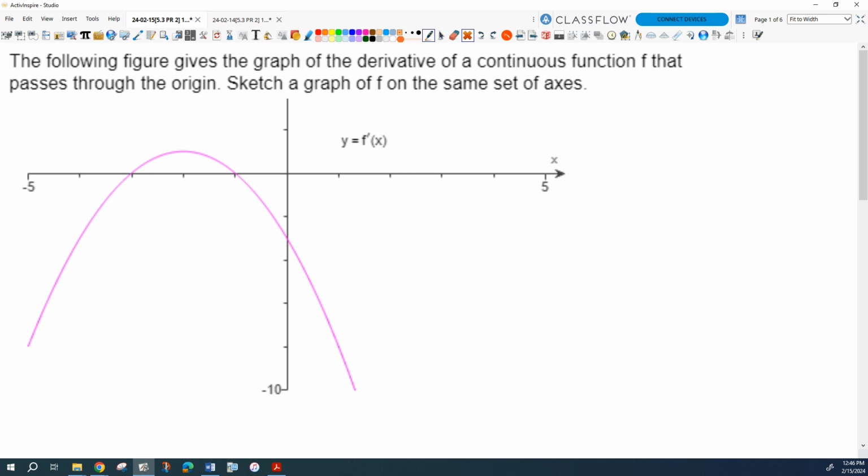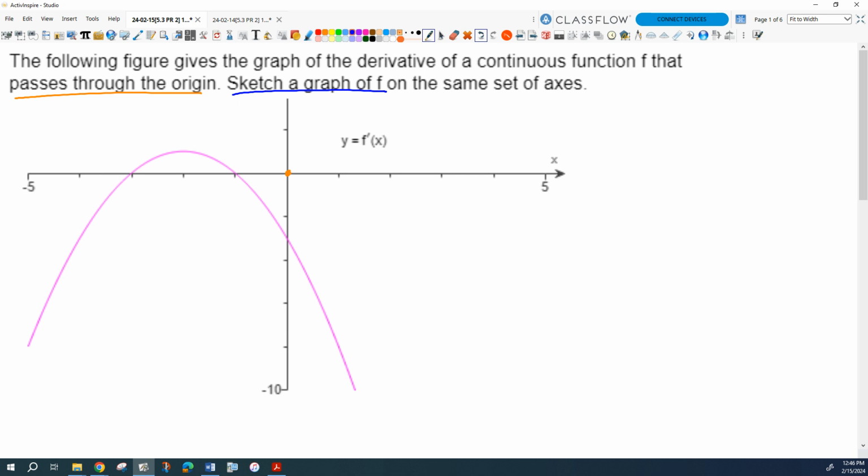So if we know that our original function passes through the origin, then that means it goes through that point right there. Sketch a graph of f, so that's going to be blue.